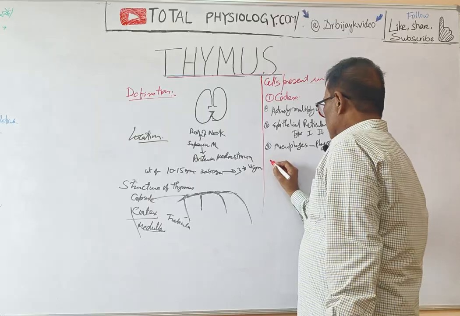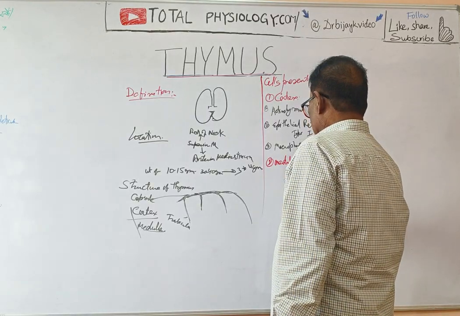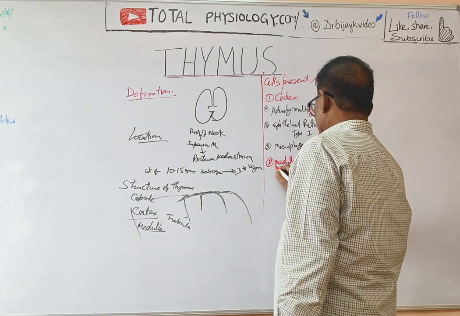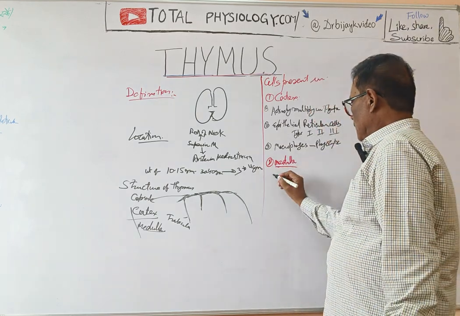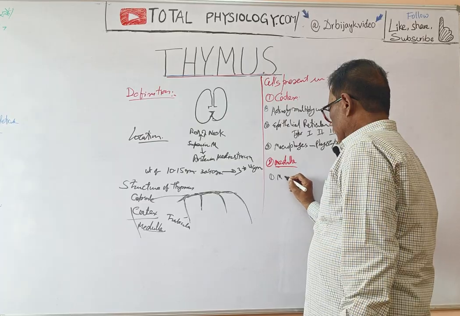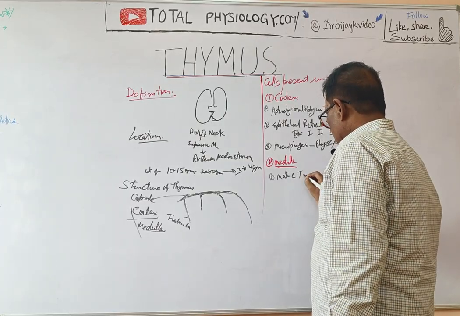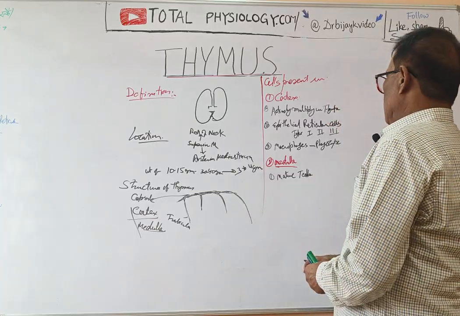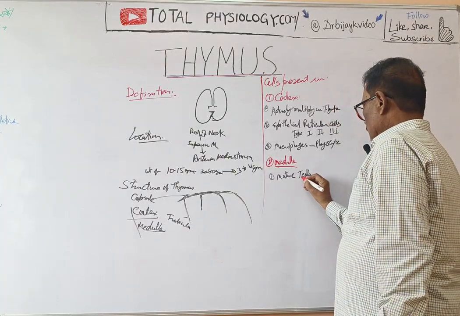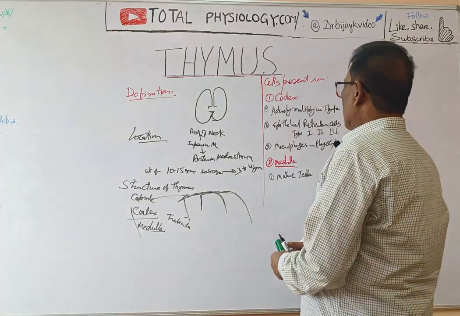Second is the medulla. Cells: mature T cells are present, but they are less in number, not so packed as they were in the cortex.